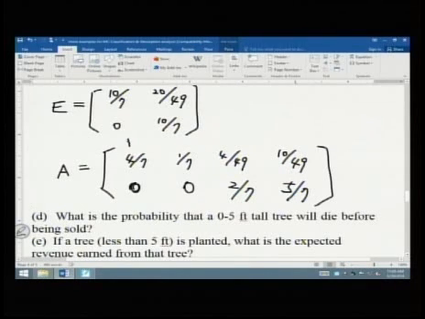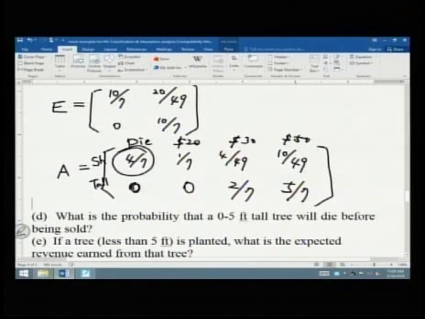So this is die, right? And then this is $20, $30, and $50. And this is the short one, right? And this is the tall one. Is that right? So what is the answer? This. Is that right? So the probability should be 4 over 7.